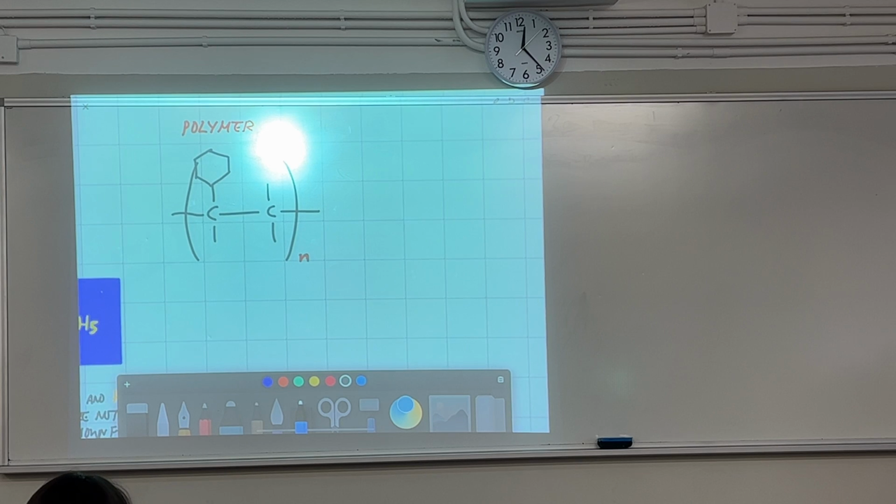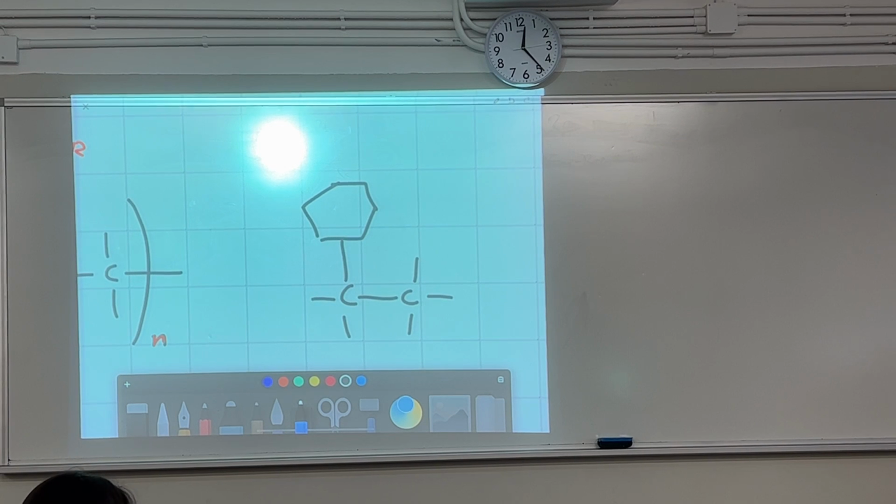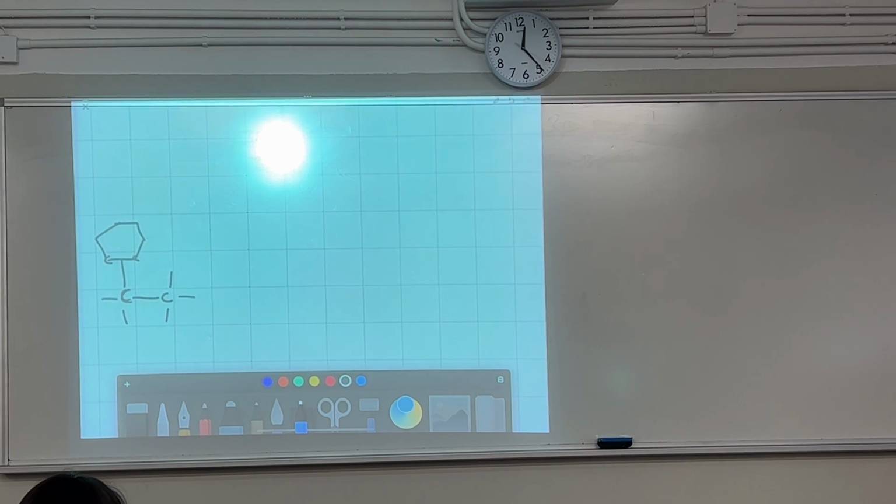Don't draw something like this. What is wrong with this structure? If you draw it like this, is the carbon connected to any of those carbon there? No. If you write something like this, it's similar to drawing something like this to me. And you know, I don't even know what this is.